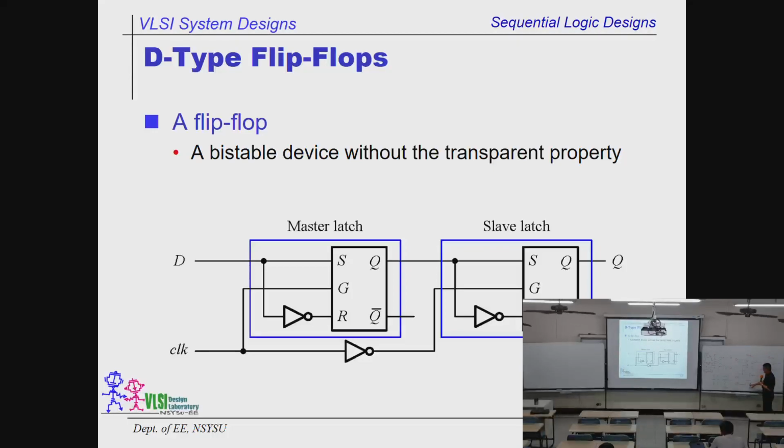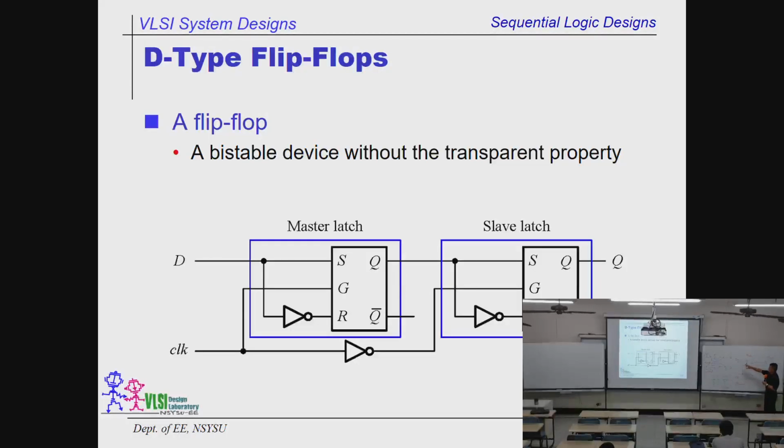And at the same time, the second stage is 0. So what happened here will not be transmitted to the final stage, because this one is disabled. Only this one is enabled.